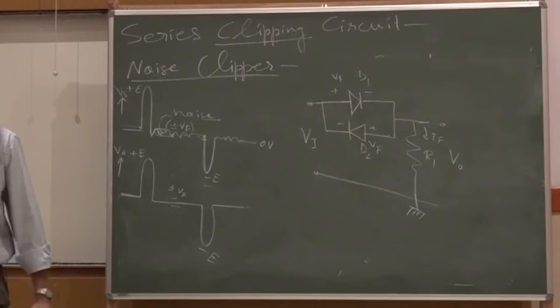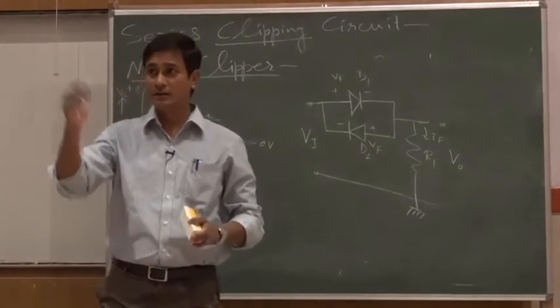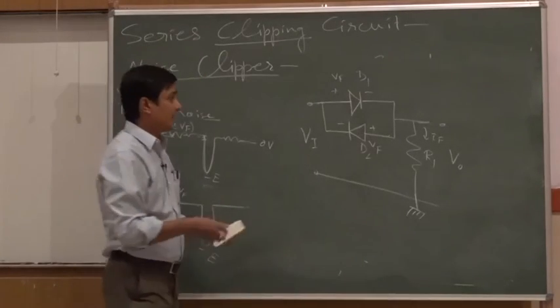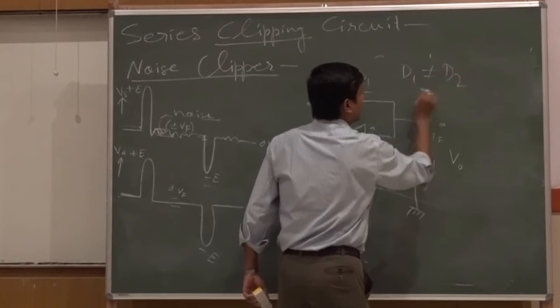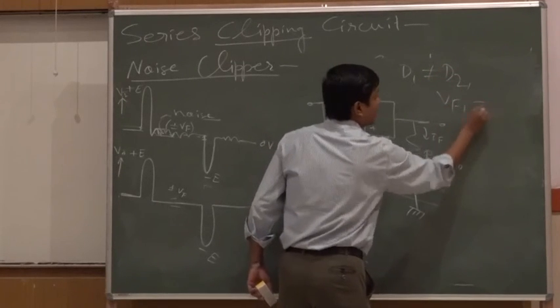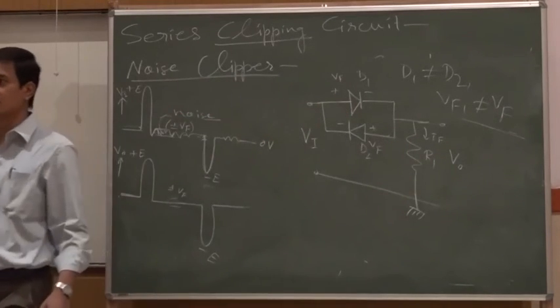Now, a small incremental thought I will give you: if these diodes D1 and D2 have Vf1 not equal to Vf2, what happens to this?